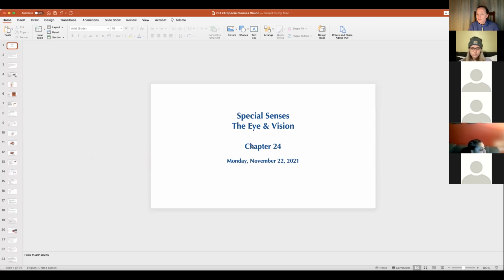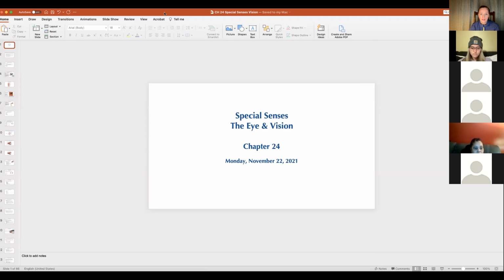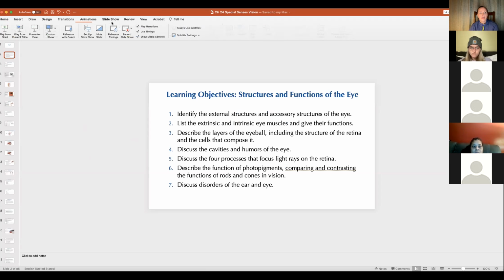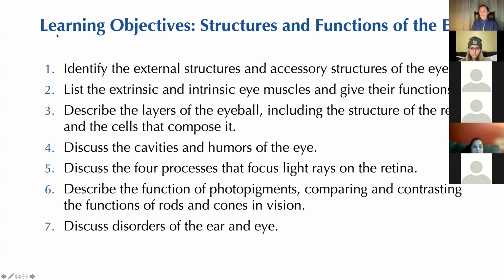So tonight we're going to do vision, instead of general senses, just because it's pretty easy to do over the internet here. So we'll go through vision. Our basic objectives for learning vision: we're going to first learn the structures of the eye, both the structures of the eye itself and the accessory structures like the lacrimal glands.